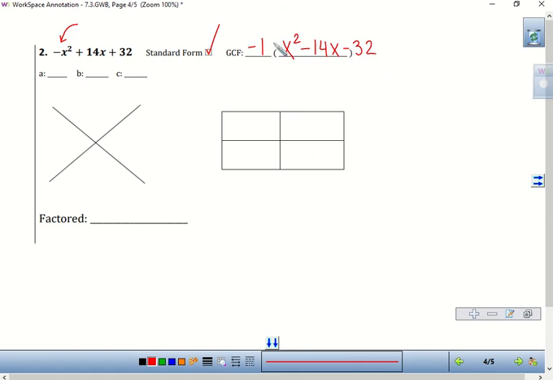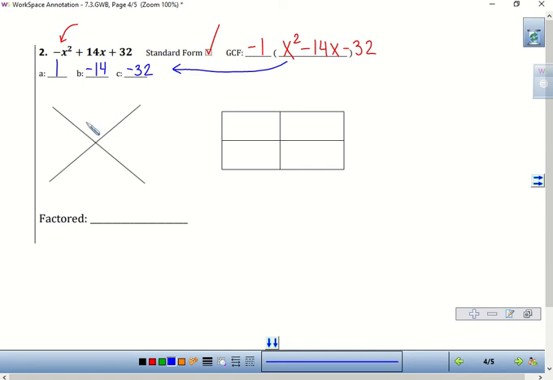Now once you've done that, you're going to identify A, B, and C using what's inside the parentheses here. So what's the A value now? 1. Good. What's the B value? Good. And what's the C? Good. So you're going to use this to find those things, okay? Now once you've done that, we're going to fill in the x method.